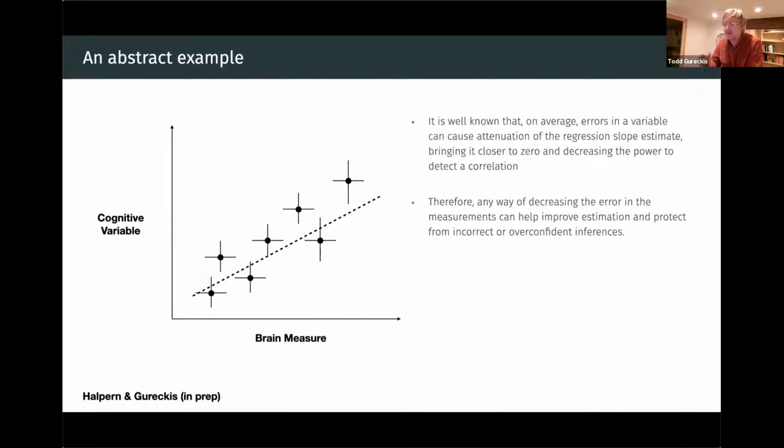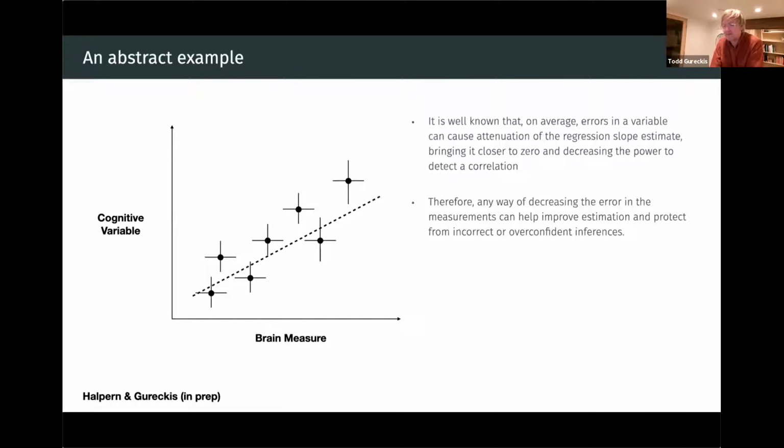So plotted here is a hypothetical scenario where we want to understand how some brain measure relates to some cognitive variable. That's basically all we're doing. And it's well appreciated that errors in the measurement of either of these variables can cause attenuation of the regression slope estimate, essentially bringing it closer to zero and decreasing the power to detect any possible relationship that might exist between the cognitive variable and the brain measure, right?